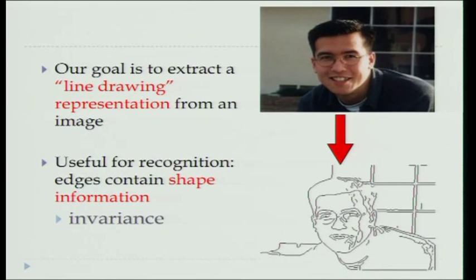So, what is your aim? Your aim is to draw a line or line drawing representation of an image, right. Once I give you an image and tell you to draw a line over it, only the boundary area you will be drawing the line, the rest of the things you will not be touching, right.